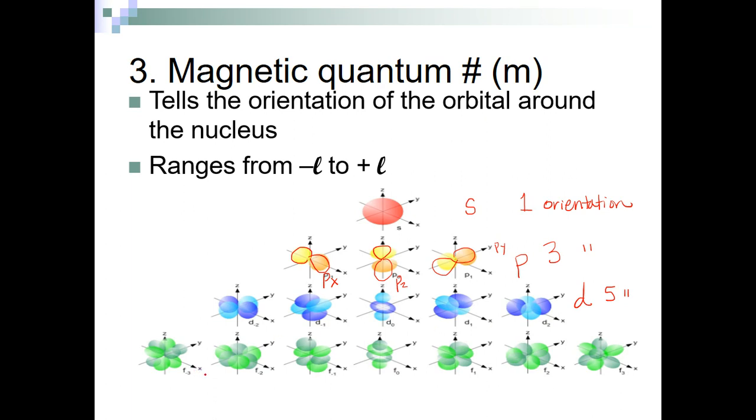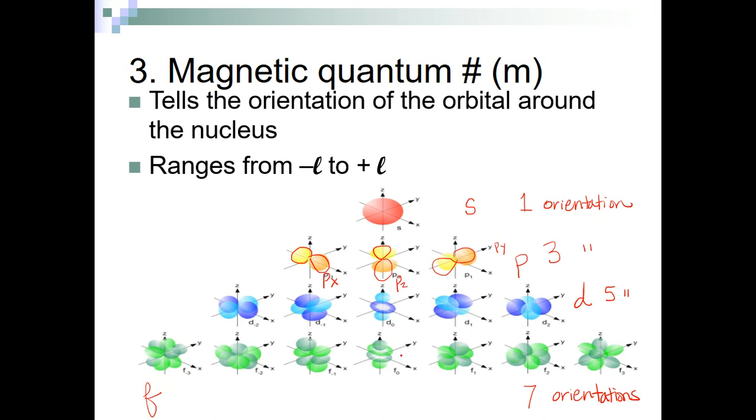And then finally the f orbital, here's our f orbitals, 1, 2, 3, 4, 5, 6, 7. They do get more complicated with the d's and the f's, but I want you to notice the pattern. One for the s, 3 for the p, 5 for the d, and 7 for the f's.